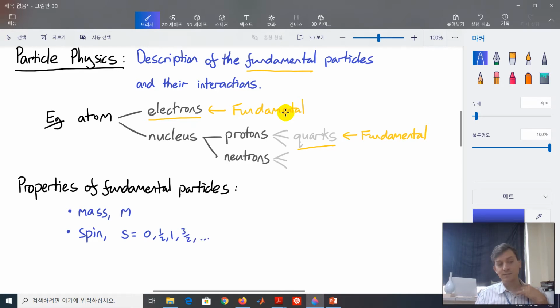The final property, which is what I want to talk about in this lecture, is that all fundamental particles can be divided into two kinds, which are known as bosons and fermions.